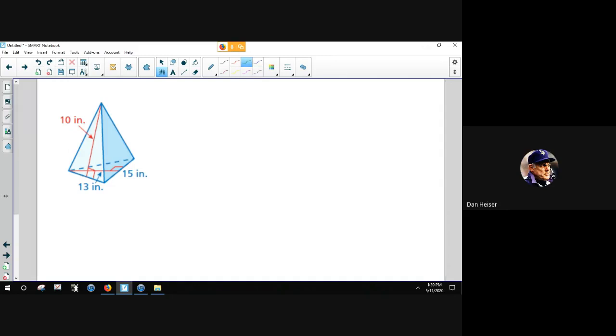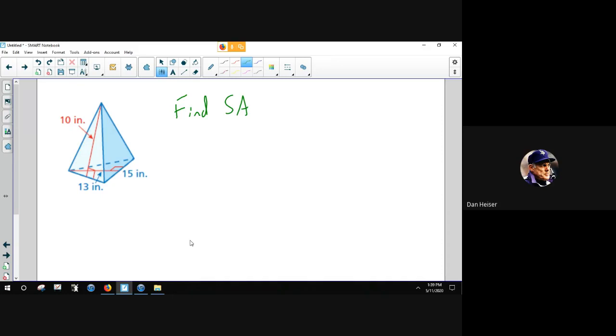Here's a pyramid. Let's find the pyramid surface area. Here's its base. Here's one lateral, and then here's a lateral face in the back. So we have what's essentially called a triangular pyramid.